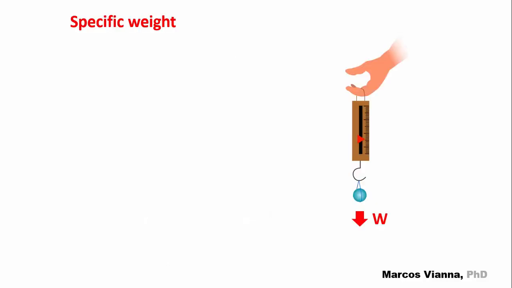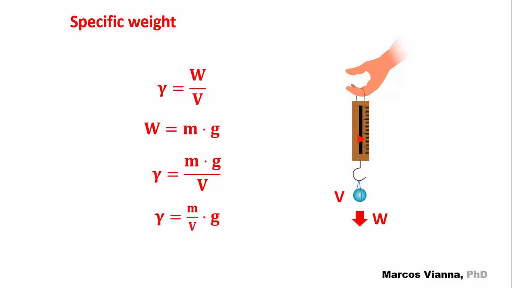The relationship between the weight W of a body and its volume V is what we call specific weight. We use the notation gamma to identify it, but W equals mg, thus gamma equals mg over V. So gamma equals m over v g, or gamma equals rho g.